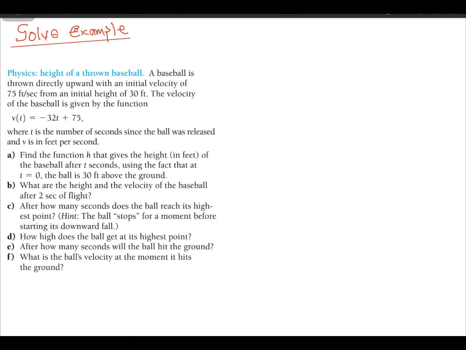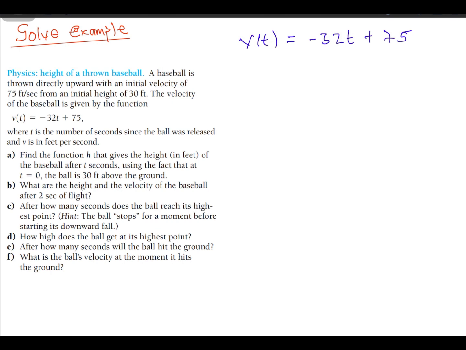So first of all, let's take our function, and our function here is v of t. So the velocity is a function of t, which is equal to negative 32t plus 75. Now, they are telling us that t is the number of seconds, so we know t is in seconds. So let's go ahead and also deduce some initial conditions from the question.